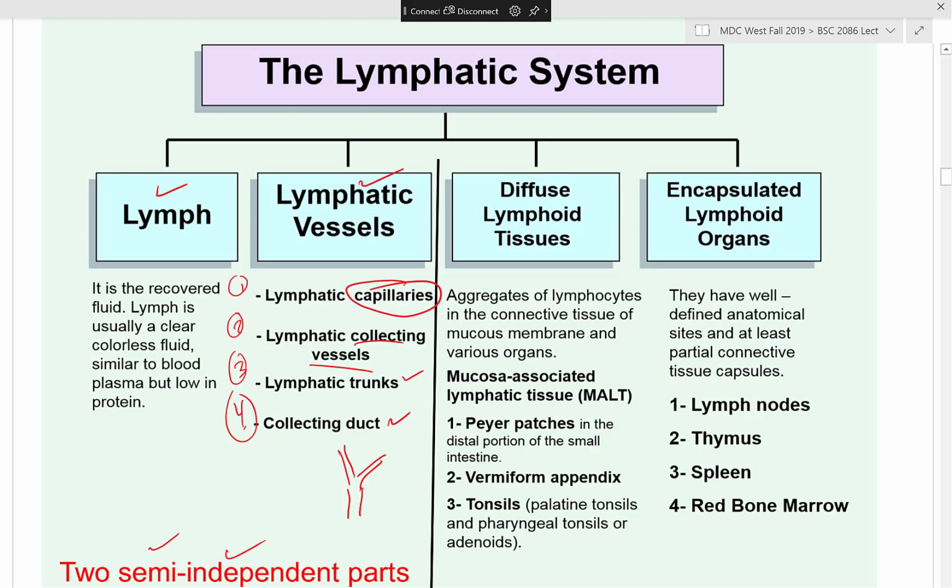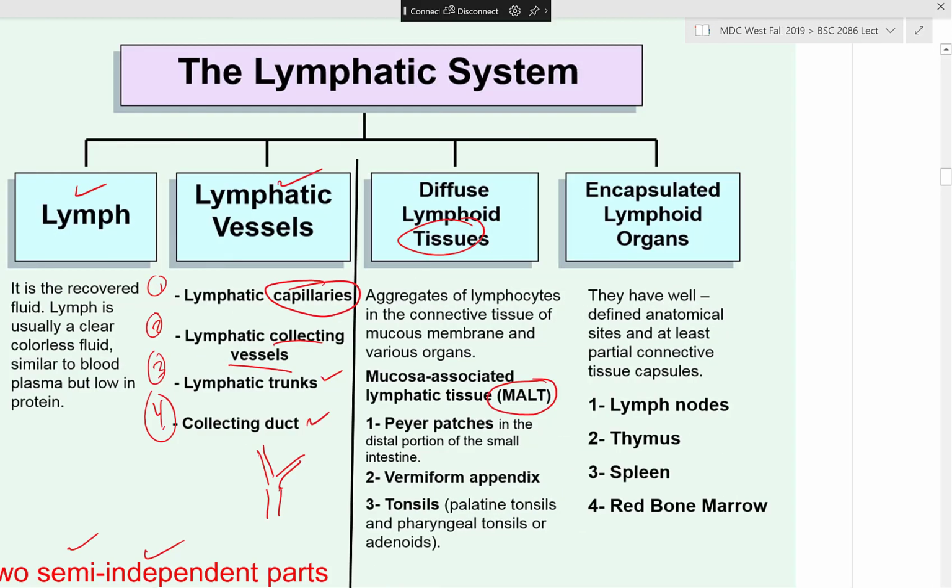Now, the next part of the system, right, it's going to be the lymphoid tissue. So a lymphoid tissue includes what? MALT, which is mucosa associated lymphoid tissue. That means that this tissue is found where? The name tells you guys, on the mucosa.